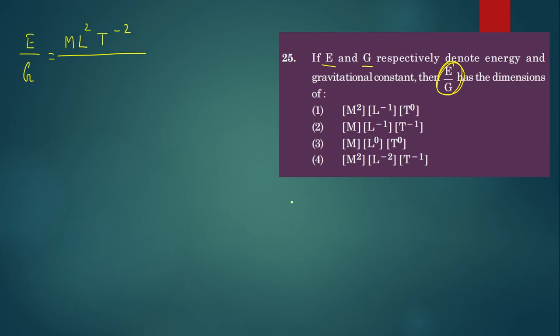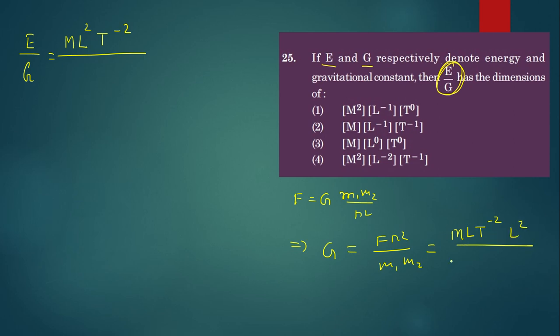Suppose you cannot remember the dimension of g, you can take any formula involving g. Let me take F equal to g m1 m2 divided by r square. From here g will be equal to F r square divided by m1 multiplied by m2. So dimension of F is m l t minus 2, distance is l square, m and m, it will be m square, it will be equal to m minus 1 l cube t minus 2.